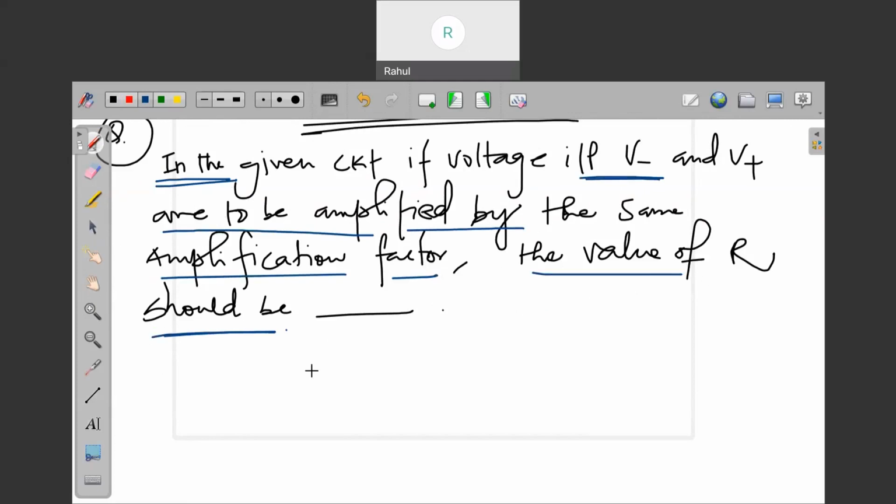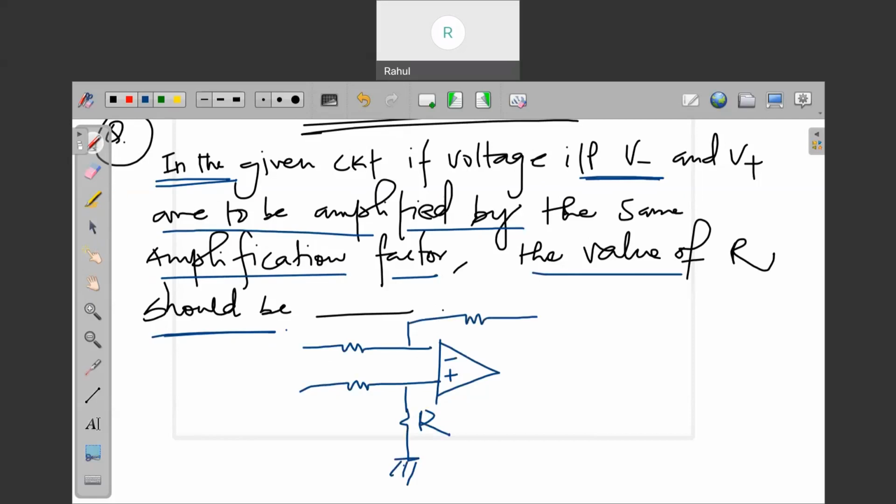So let me draw the circuit here. The circuit given here has minus and plus, and there is a resistance connected. This is R, which is unknown, and there is a feedback resistance as well. This is V out, and remember, this is an ideal op-amp.